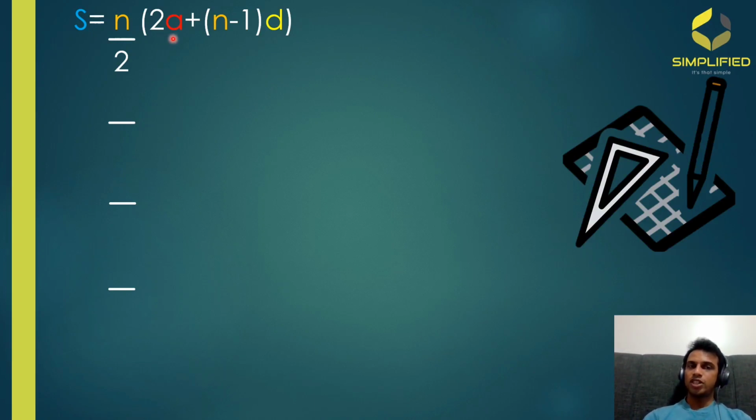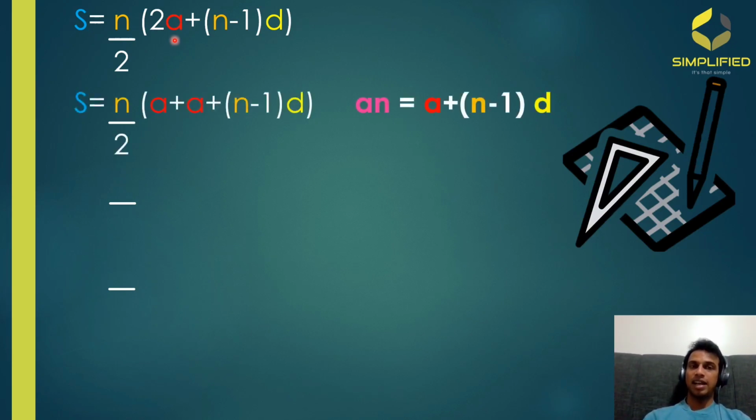I'm going to separate this 2a into separate a's. So instead of writing it as 2a, I wrote it as a plus a. That is the only difference I made. But right now, when you take a look at this, you see something really familiar. That is a plus n minus 1 into d. And we know what a plus n minus 1 into d is. It is of course an.